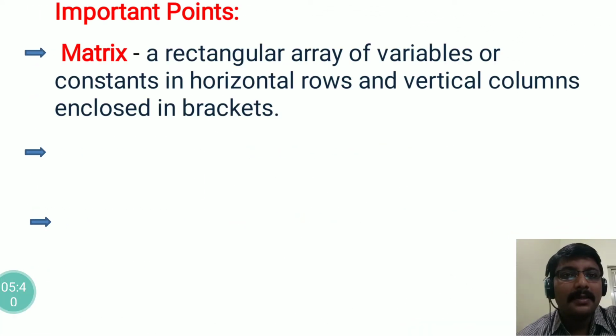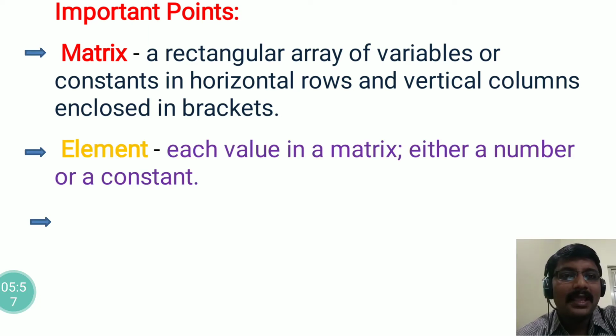Important points. Matrix: a matrix is a rectangular array of variables or constants in horizontal rows and vertical columns enclosed in brackets. The brackets may be closed or open brackets. Element: each value in a matrix, either a number or constant.